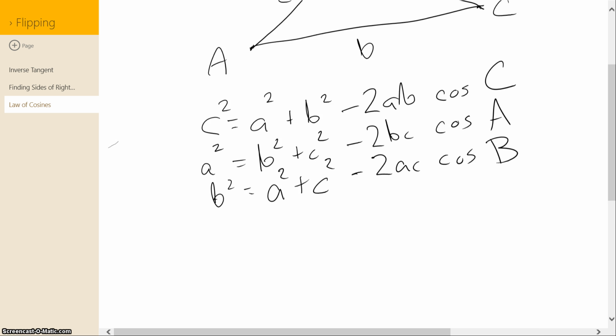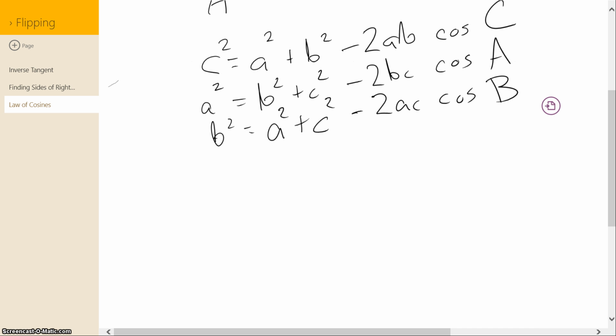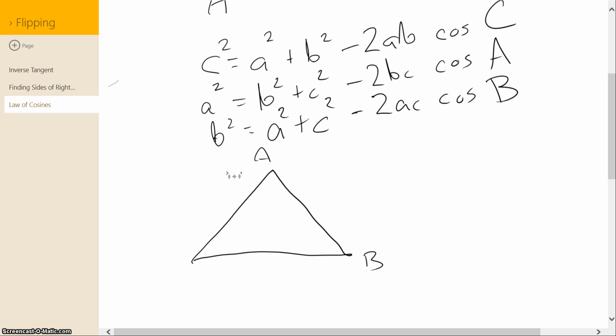So let's apply this. Let's say I've got a triangle as so. Let's label here A, B, and C. And let's say that this angle right here is 60 degrees.